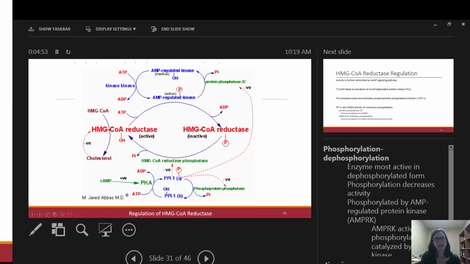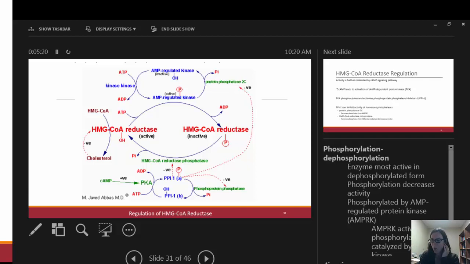What those hormones are saying is, I don't have enough, I need to use whatever I have, we don't want to build up anything. So we inhibit this so that we keep this AMPRK active, so that we keep this HMG-CoA reductase inactive. So we're not going to build any more cholesterol. Makes sense. We're in stress, we're not going to build cholesterol.